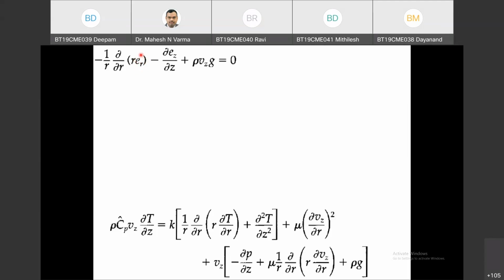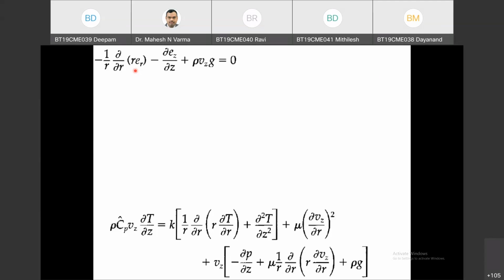This will have three components. What are the three components? Sir, this is the combined energy flux only, but the energy flux has three components. Sir, convective flux. Very good.